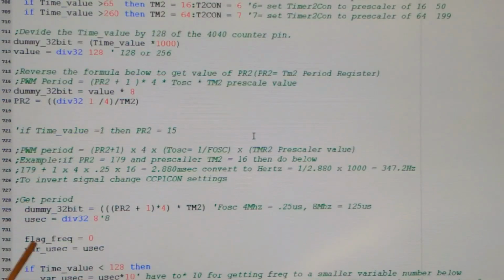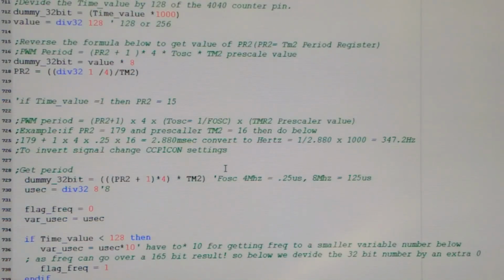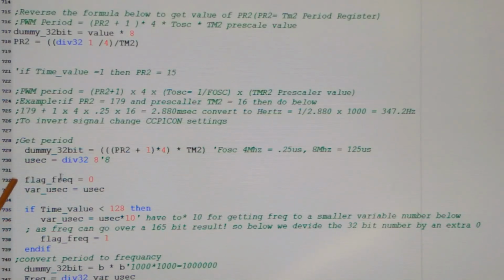And there's an example here, what frequency I need, how to work it out. Then this is done to get microseconds.